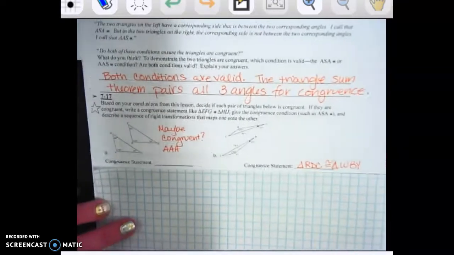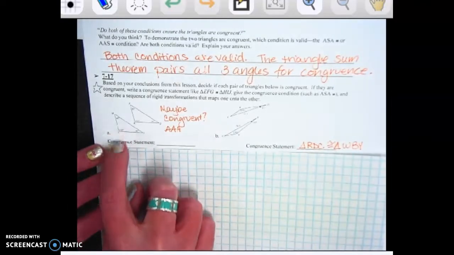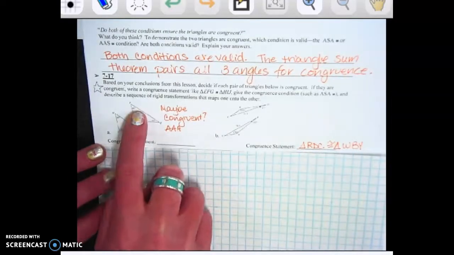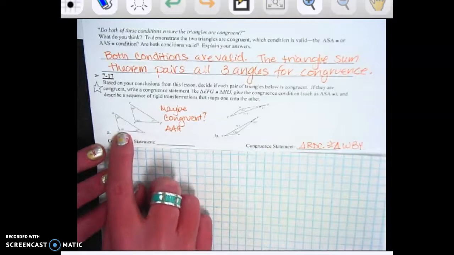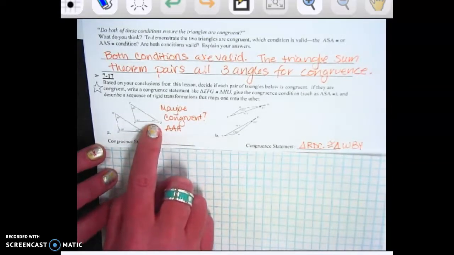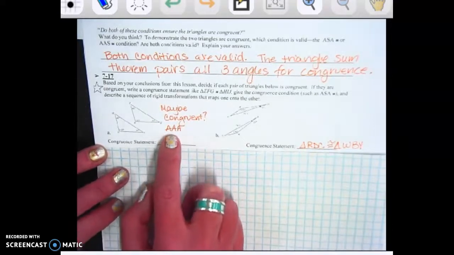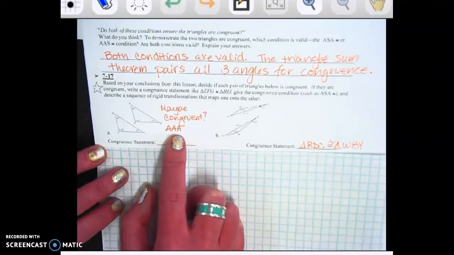Part A, we've got this triangle where we have an angle of 40 and an angle of 40. We have an angle of 110 and an angle of 110. We have an angle of 30 and an angle of 30. So if we were going to say that these two triangles were congruent, we would have to say that it was by angle.